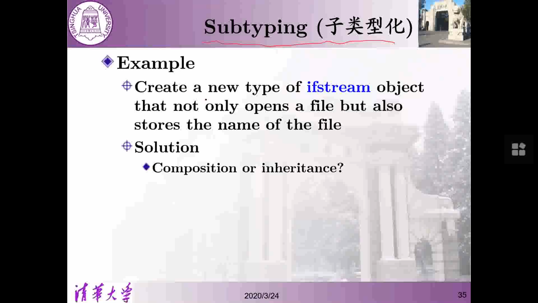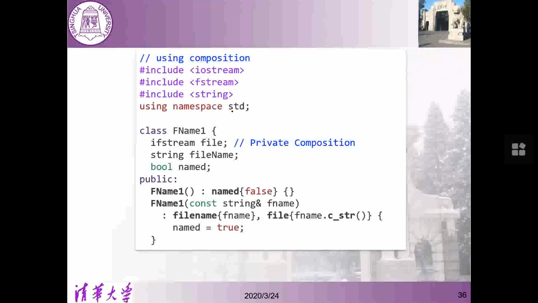Our example is that we want to create a new type of ifstream object. This object not only opens a file, but also stores other related features, such as the file name. We may think of two ways. One way is to use composition, another way is to use inheritance, right?